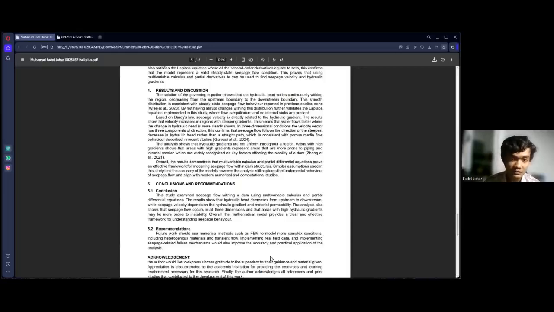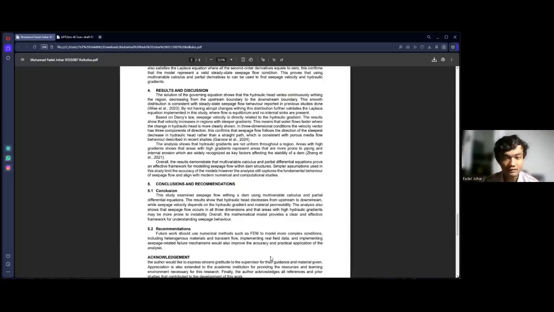The analysis shows that hydraulic gradients are not uniform throughout a region. Areas with high gradients represent areas that are more prone to piping and internal erosion, which are widely recognized as key factors affecting the stability of a dam.